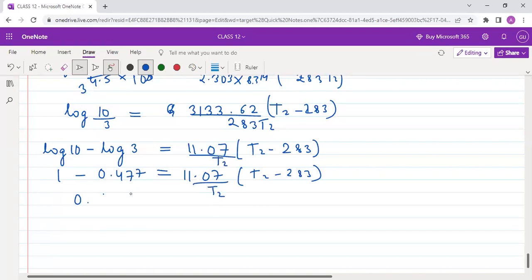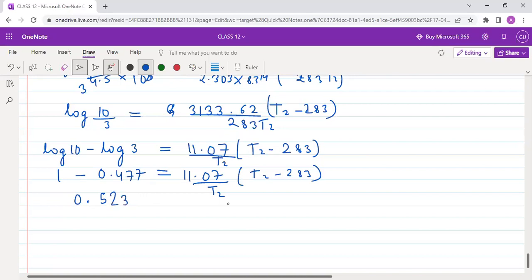Did you get 1 minus 0.477? What is the answer? I got 3.77. It's 1 minus 0.477, not 0.77. Okay, I did 4.77. Just 1 minute. I'm so sorry. It's 0.523.